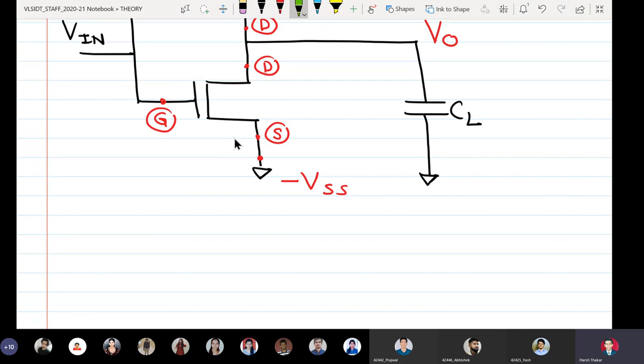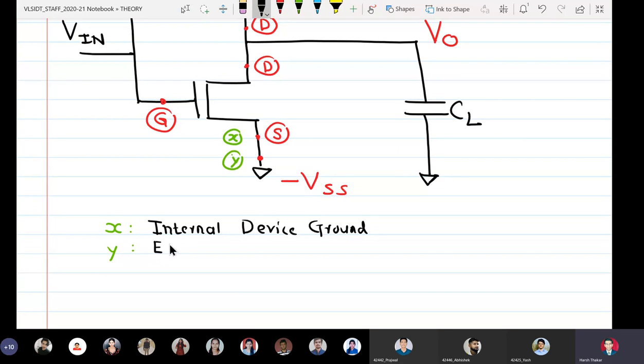We are defining 2 points X and Y. I will write what is X and what is Y. X is technically called IDG, internal device ground, and Y is called external system ground.